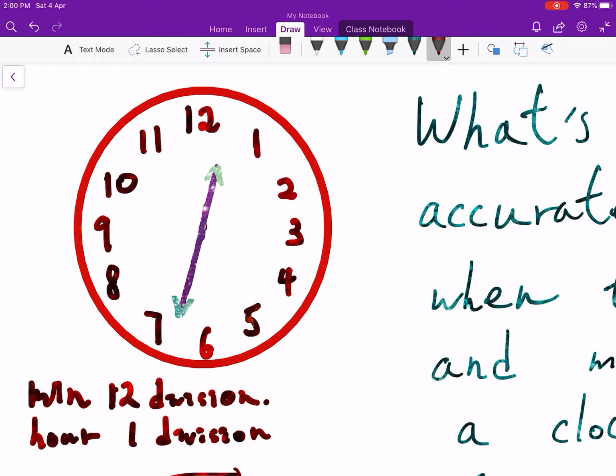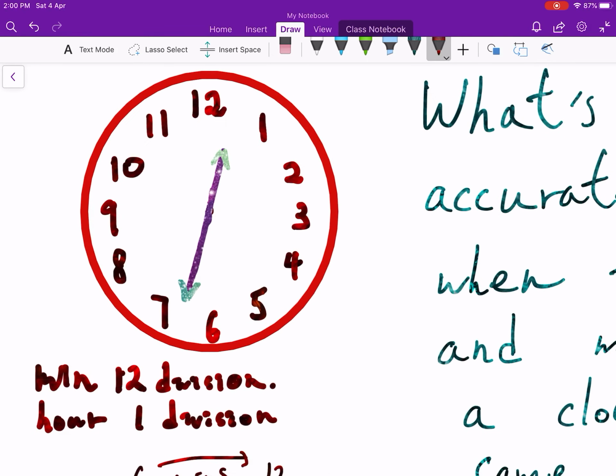So this should be approximately like this when they lie on the same straight line. I'm interested in this part. When it is exactly 12 o'clock, the hour hand and the minute hand are right here, and I think all of you should agree with this.